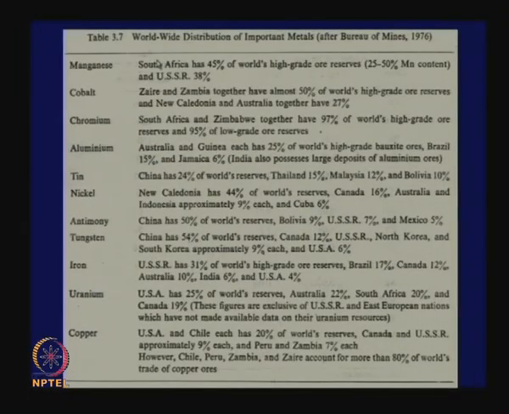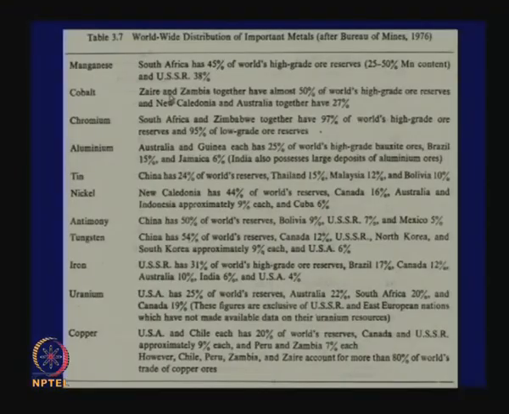Manganese, you will find there are some countries like South Africa or USSR, most of the manganese found there, but manganese is found in India also in large quantities, at least enough for now. Cobalt, you will find Zambia, Zaire have almost 50% of world's high grade reserves.